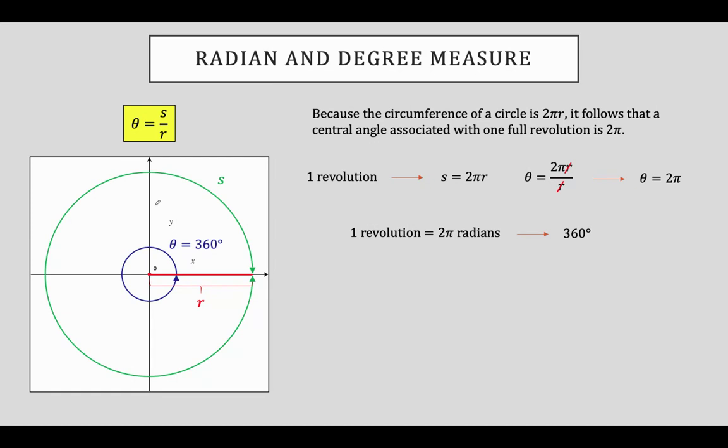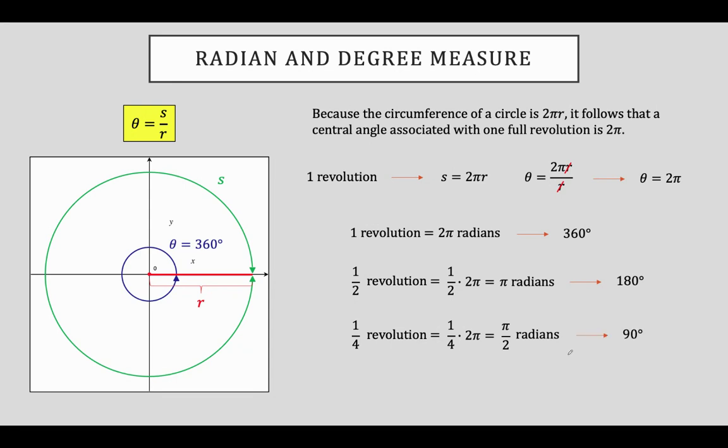Now, that means a half a revolution, well, that's going to be 1/2 times 2 pi radians is going to be pi, or 180 degrees. And a quarter of a revolution, well, that would be 1/4 times 2 pi. That would be pi over 2. 2/4 reduces into 1/2 pi radians, or 90 degrees.